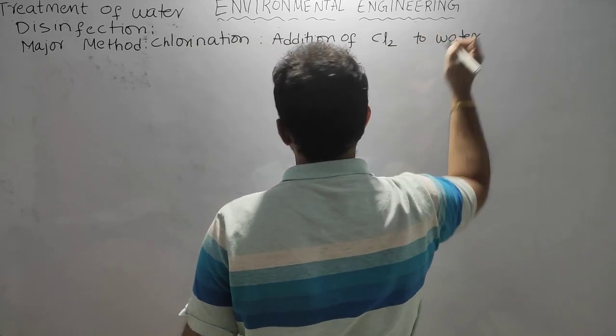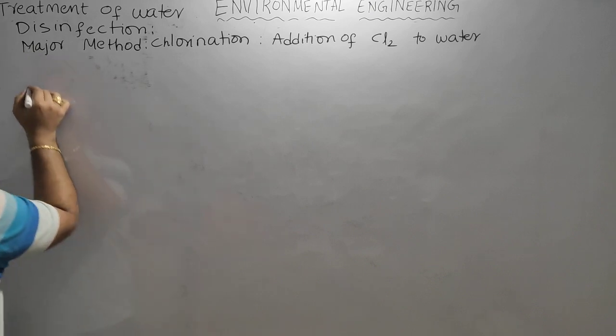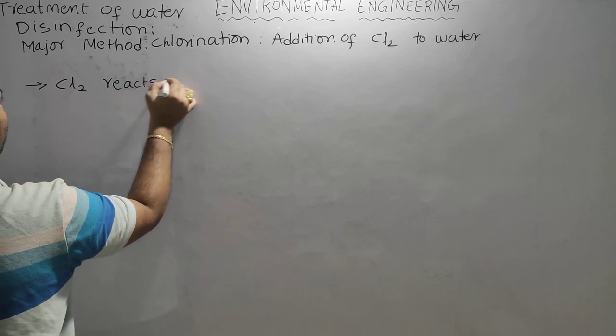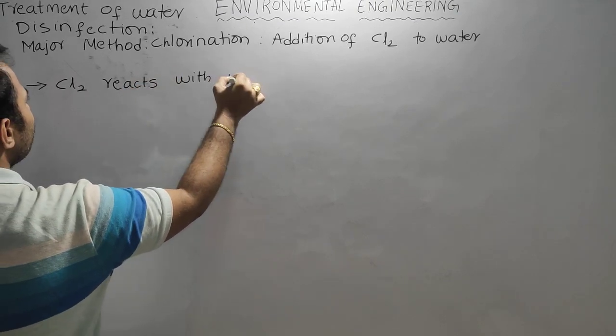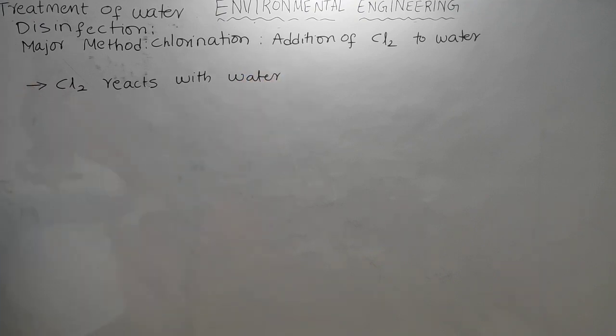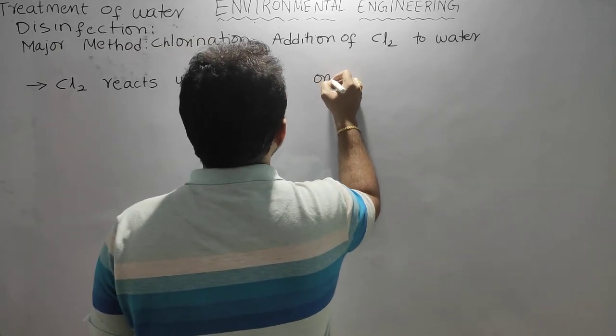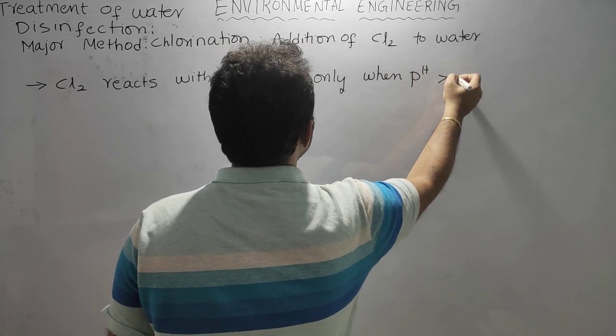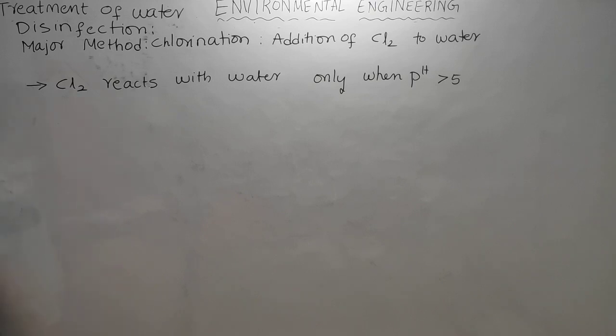When we add Cl2 to water, Cl2 reacts with water only when the pH is greater than 5. So when the pH is greater than 5 and Cl2 is added to water, it forms hypochlorous acid.